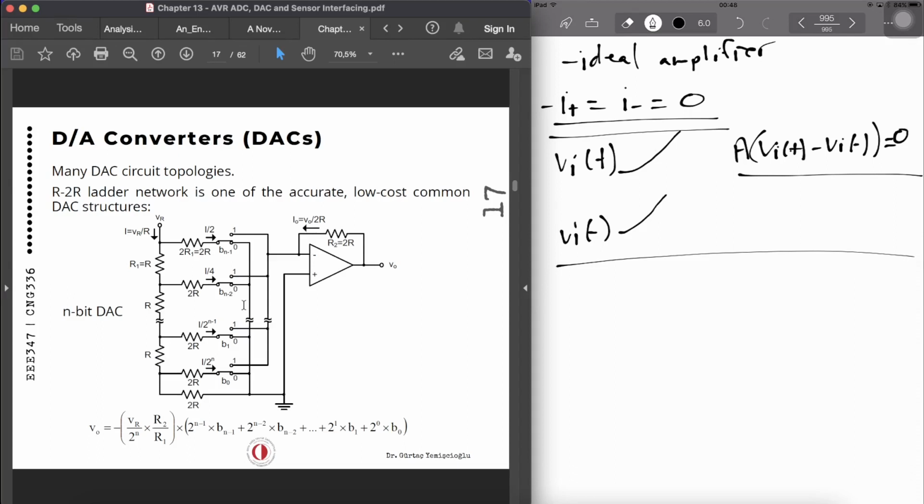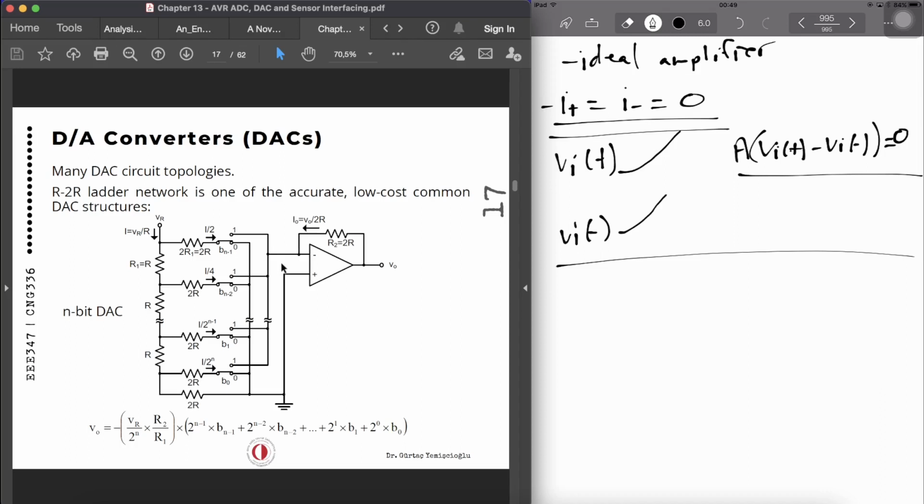Okay, so after those fundamental observations, we can go into the next step of analysis. Now, we make an observation that if this negative input is always 0 by being tied to the virtual ground, then we can write an equation for the current going through that resistor.